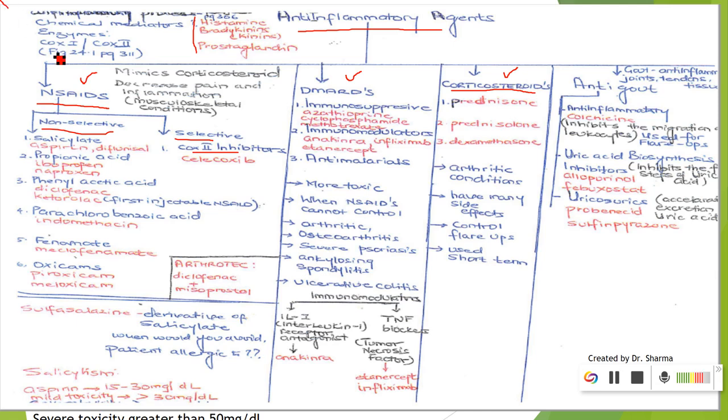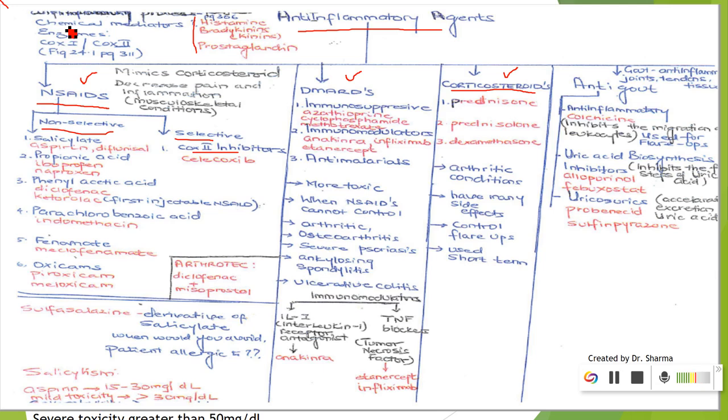So non-selective means COX-1 and COX-2, right? So if we are inhibiting COX-1, that means we are losing the protection of the stomach lining. That's where it leads to gastric erosion. That's why you see patients experiencing bleeding tendency, right? Because there is no more platelet aggregation there.